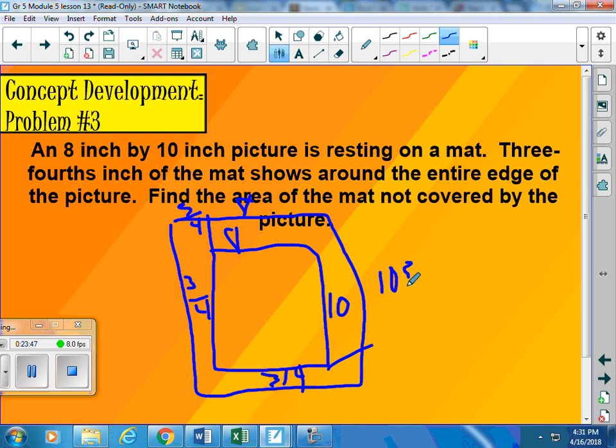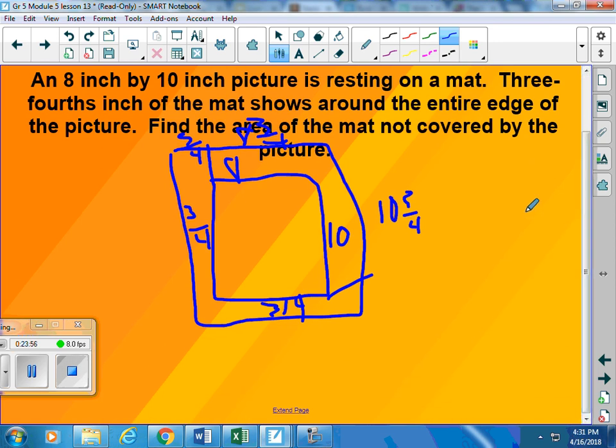So now I've got the dimensions of my mat. So what do you think? Do you think the distributive property, or do you think let's turn it into mixed numbers? Well, let's start with mixed numbers.